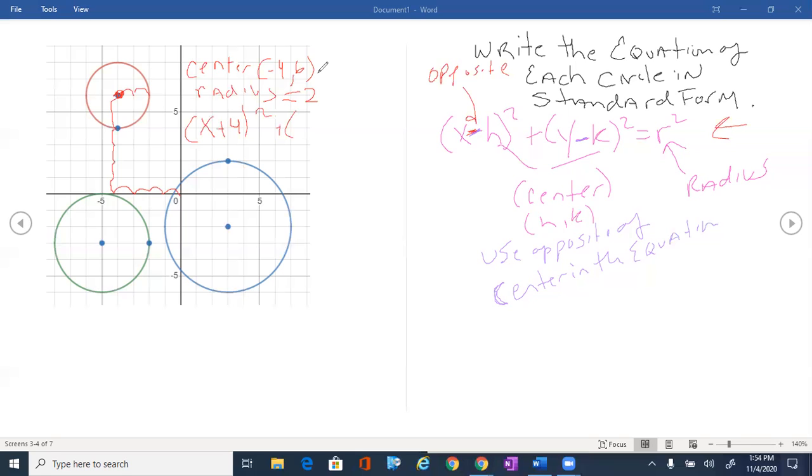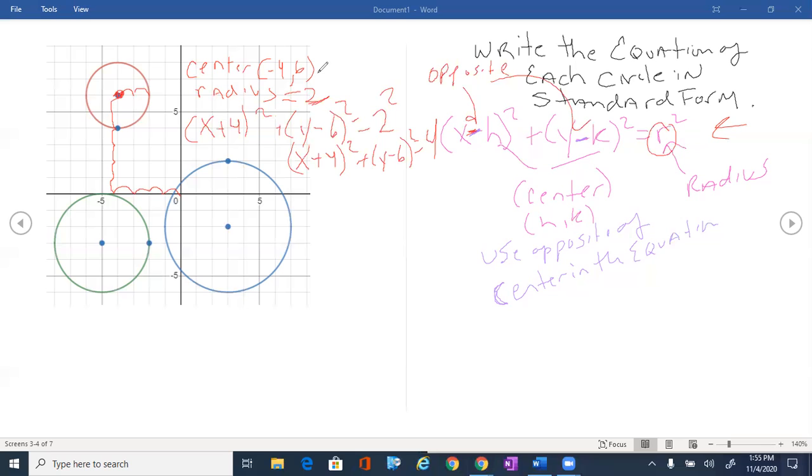Once again we have the opposite, so that's (y − 6)² equals the radius, which in our case is 2, so we write 2². Now we can clean it up: (x + 4)² + (y − 6)² = 4. You can type this directly in Desmos and check it as it is.